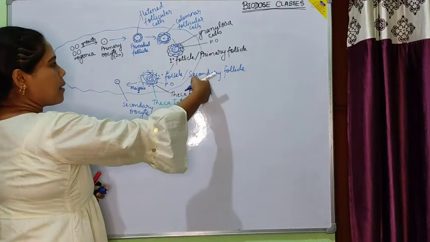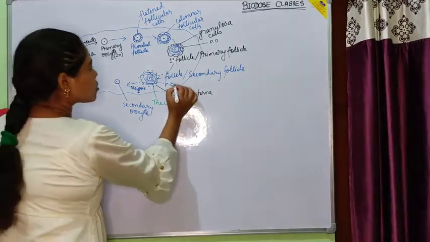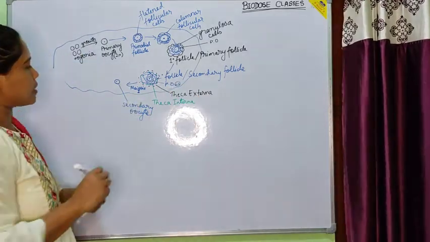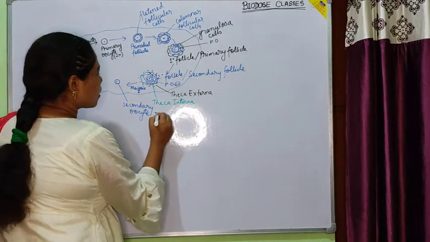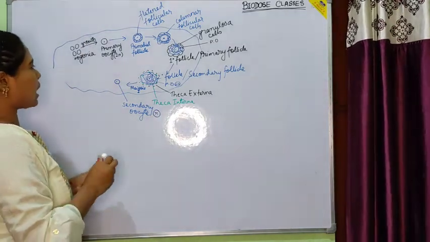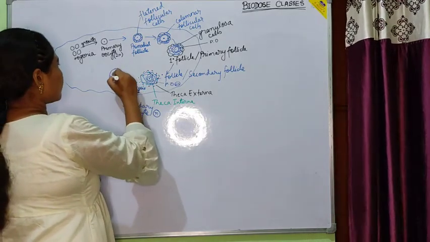So this primary oocyte got converted to a secondary oocyte. This was diploid. Because it has undergone the meiosis process, it is now a haploid structure. And we would show the outermost covering to be like this.